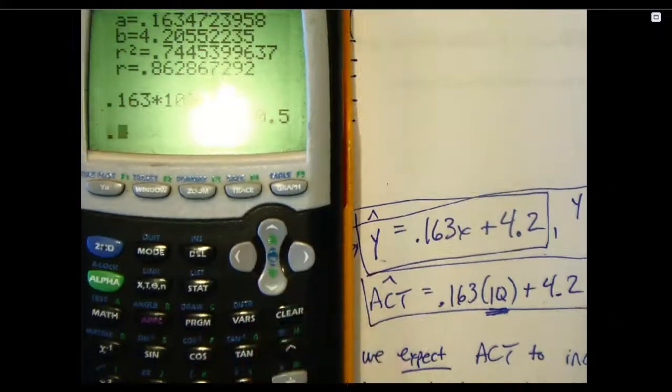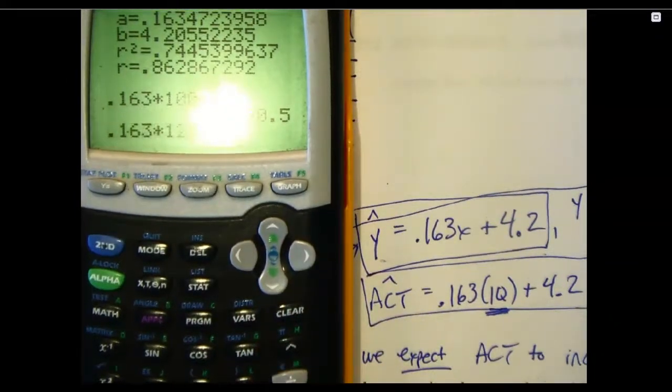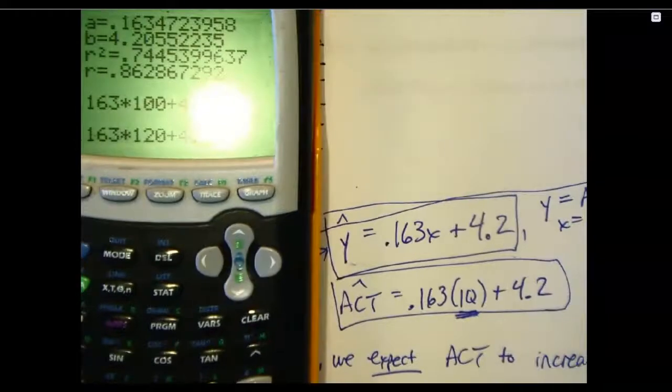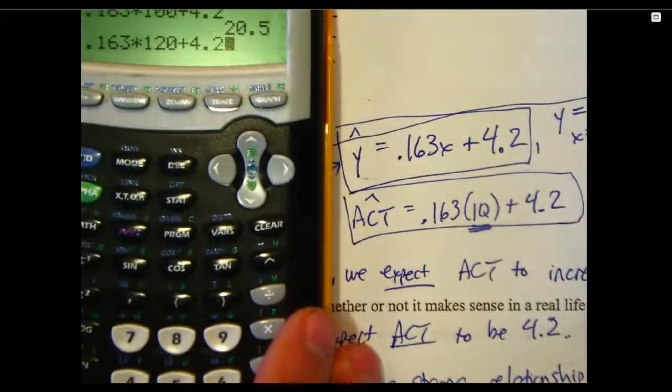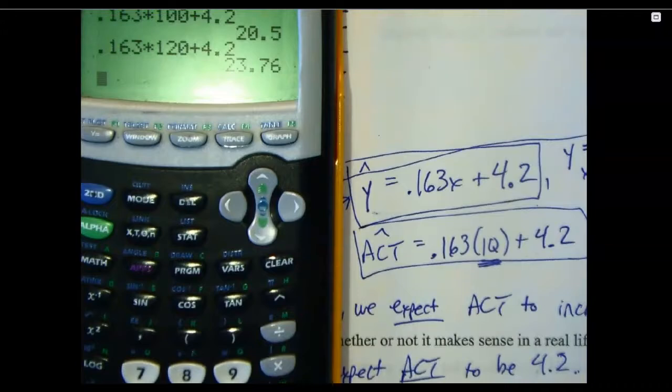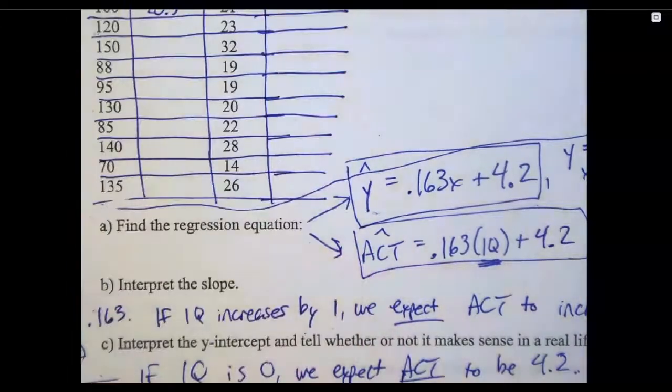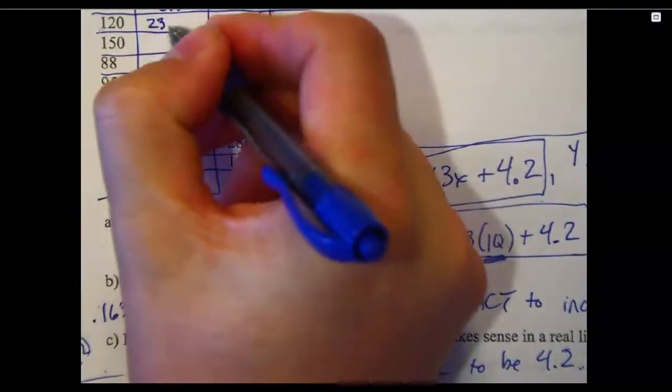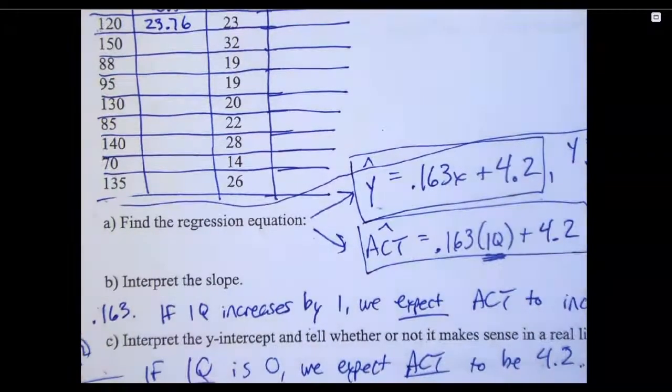So I'm going 0.163 times 120 plus 4.2. And so our equation would predict, if you have a 120 IQ, I plug that in there, our equation would predict that your ACT score would be 23.76.